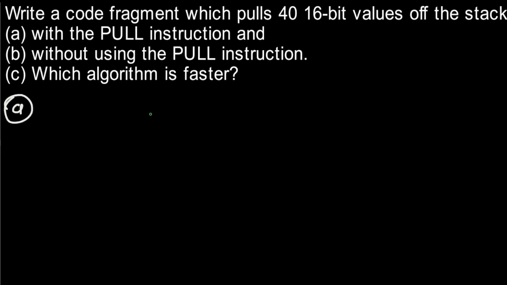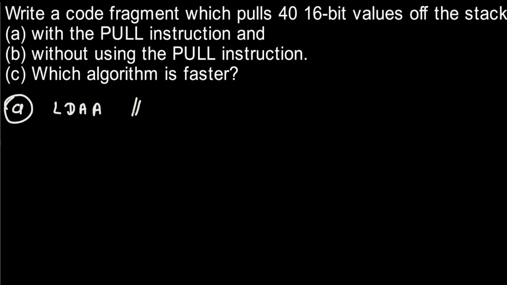One way we can do this is by running a loop 40 times, and each time it pulls a 16-bit value. So it happens 40 times, and it's going to pull 40 16-bit values. To do that, we can load accumulator A with the number 40.